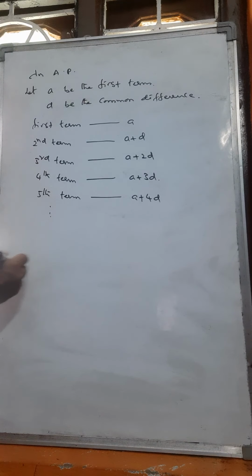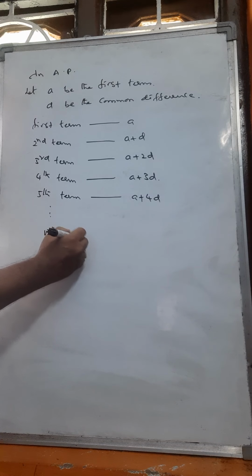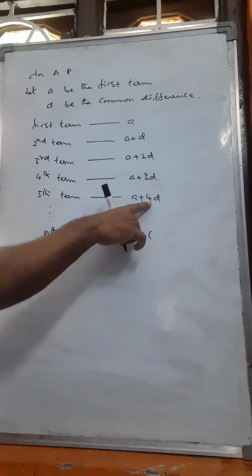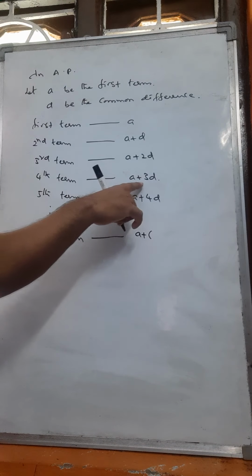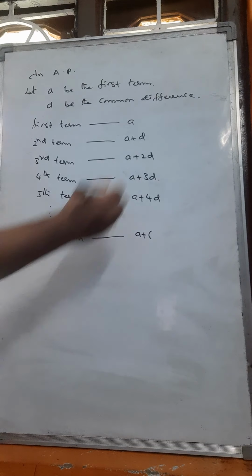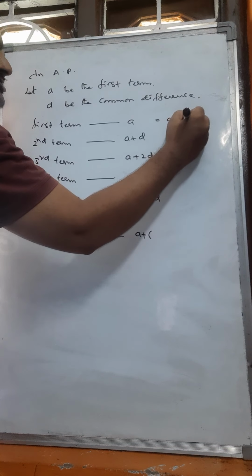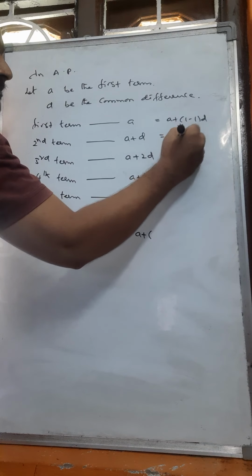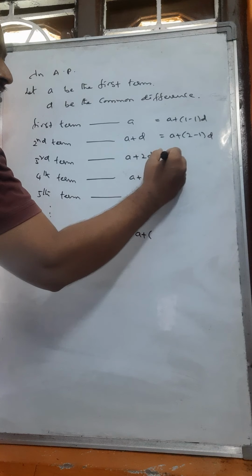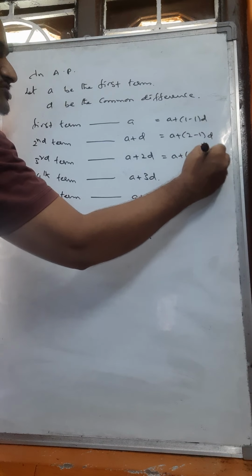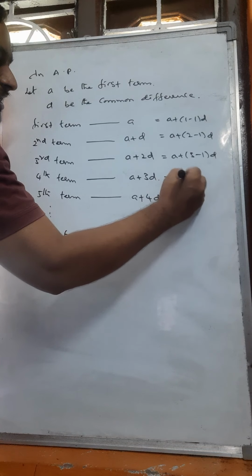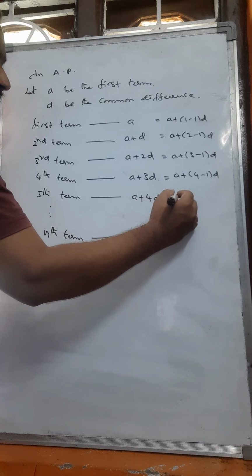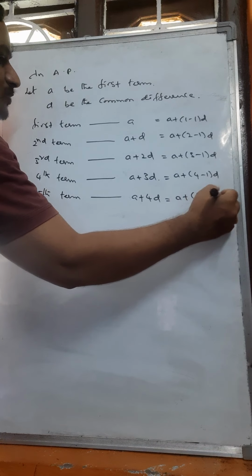If we continue like this, the nth general term becomes A plus, here fifth term is 5 minus 1 into D, fourth term we can write as 4 minus 1 into D, and so on, A plus 5 minus 1 into D.